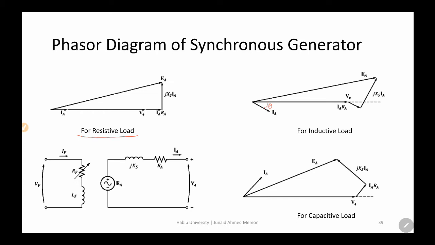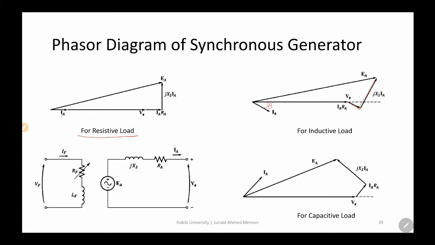So the only thing that will be changed in this case is that this vector will now again be aligned with our phase current times IARA for the inductive load, and it will have a JXS component perpendicular to the IARA.